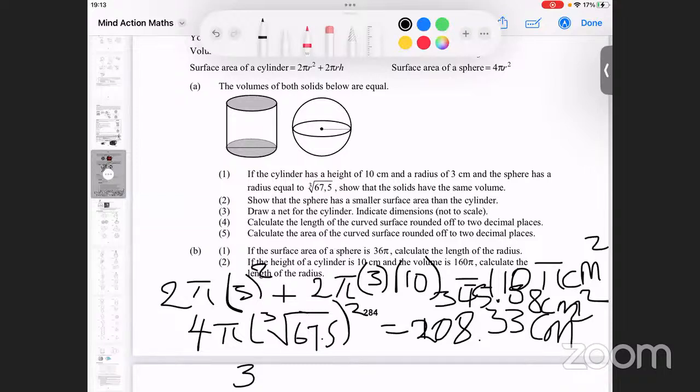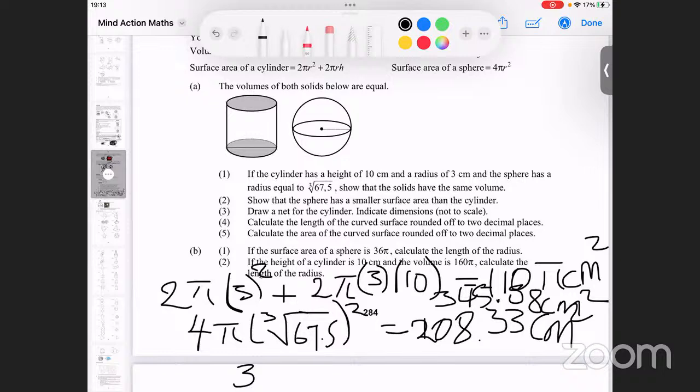So for the cylinder, we have 345, and for the sphere, we have 208. The requirement said, show that the sphere has a smaller surface area than the cylinder.